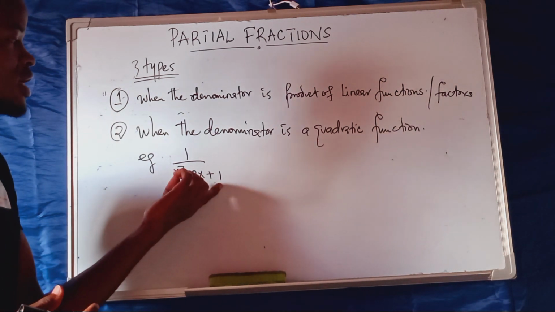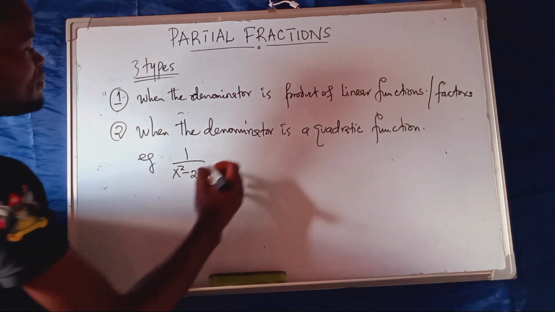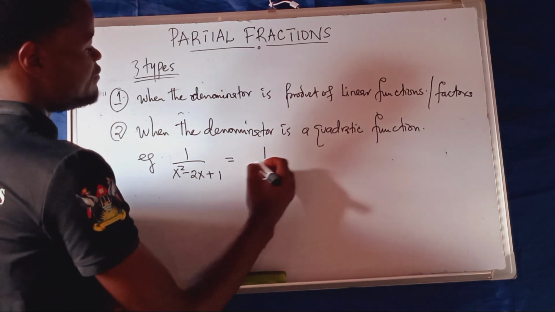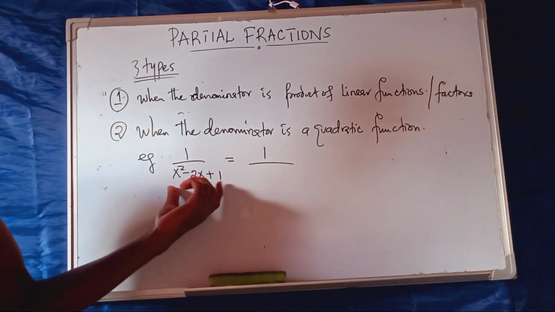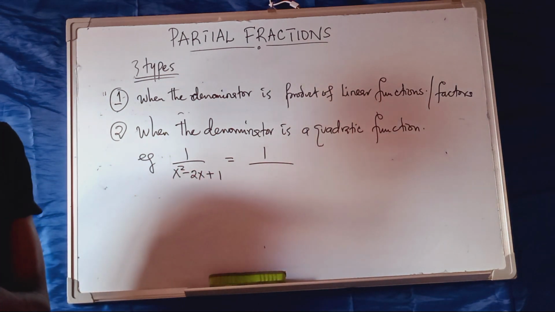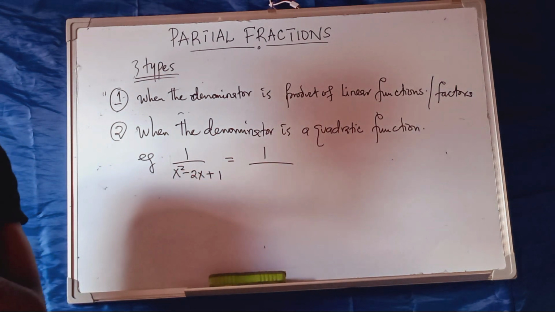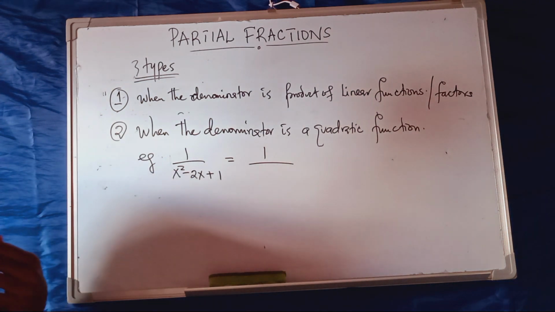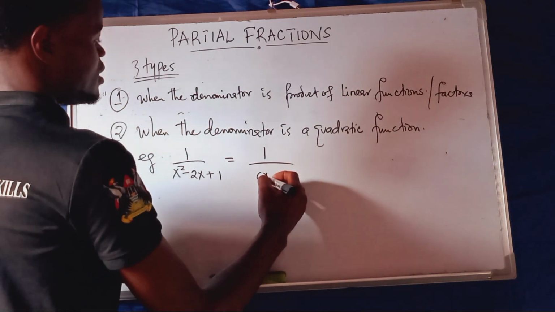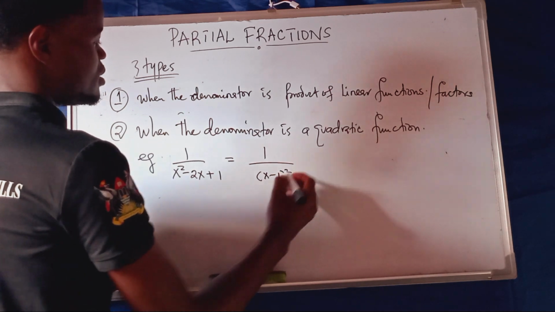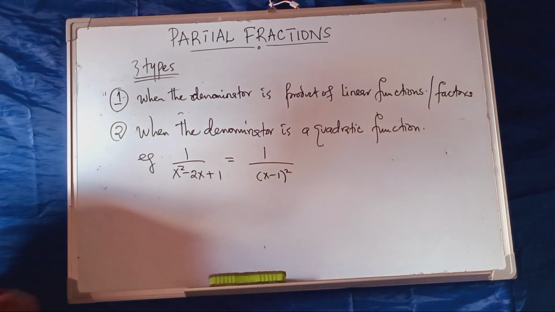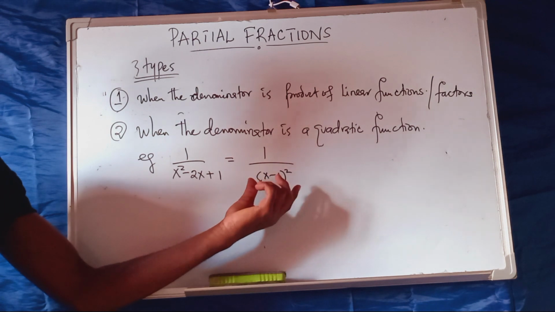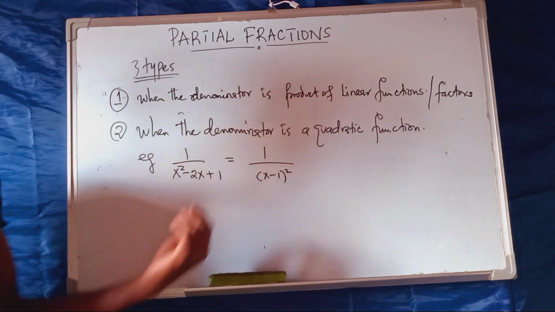First of all, I check if I am able to separate this quadratic into linear factors. What does this one give me? It is (x minus 1) squared. But we haven't reached this; it is a third type that we are going to talk about.